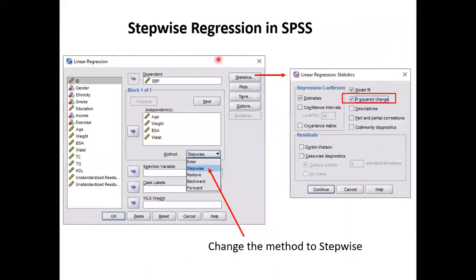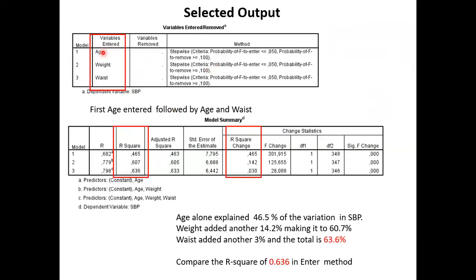Now, you follow this table. What does model one refer to? The model one is only for age, right? Age R square is 46.5%. Age alone explains 46.5%.